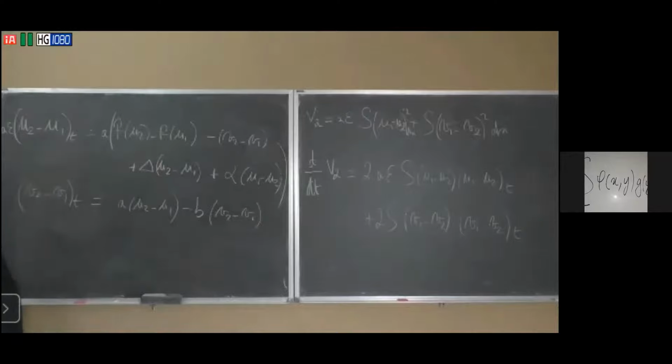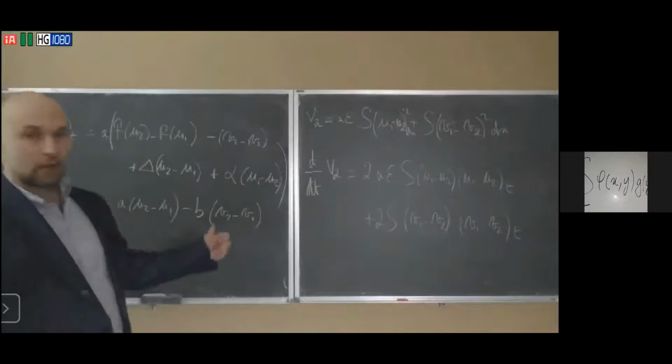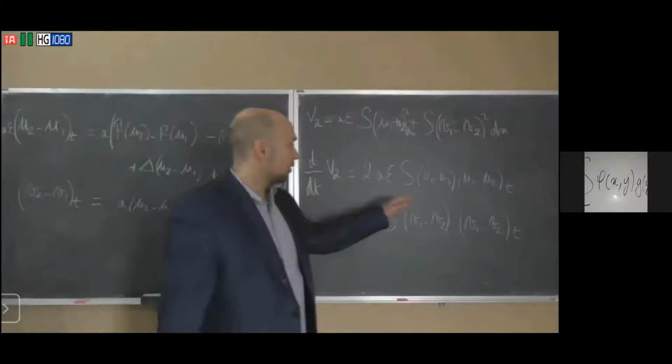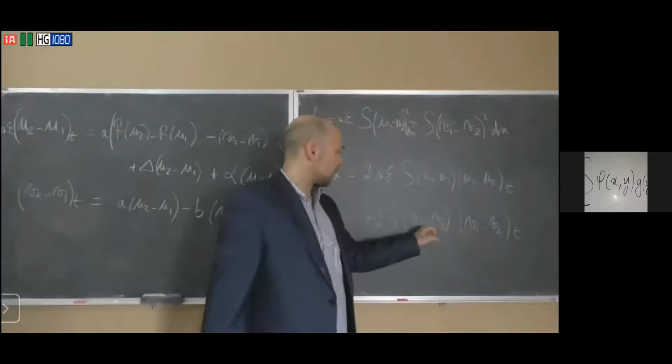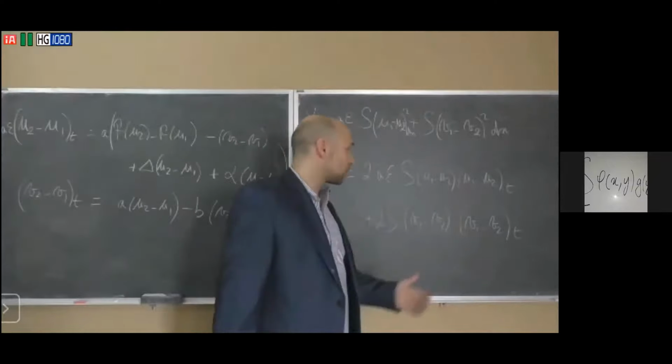All right, so if I multiply by u1 minus v2 this quantity, and this quantity by u1 minus v2, what do I obtain?